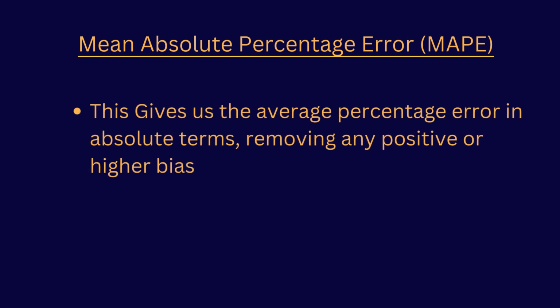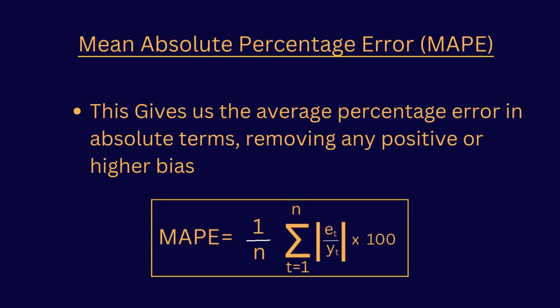Finally, let's calculate the mean absolute percentage error, MAPE. This gives us the average percentage error in absolute terms, removing any positive or negative bias. So this is the formula to calculate MAPE.